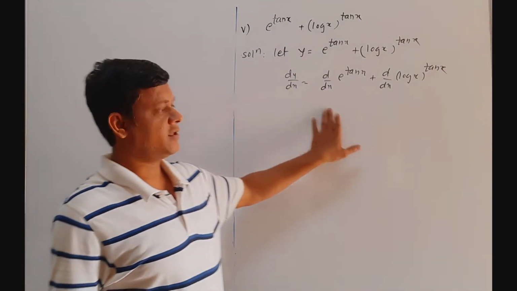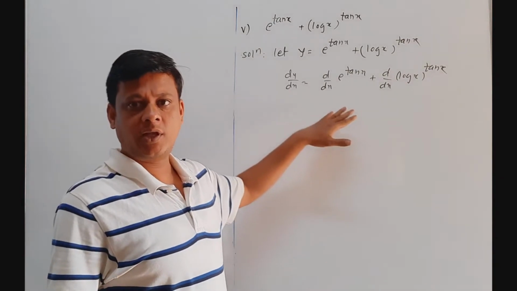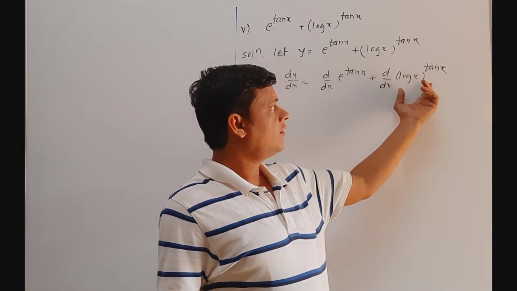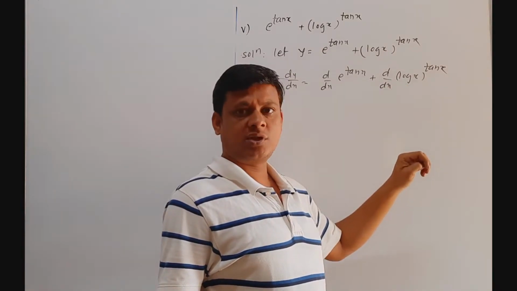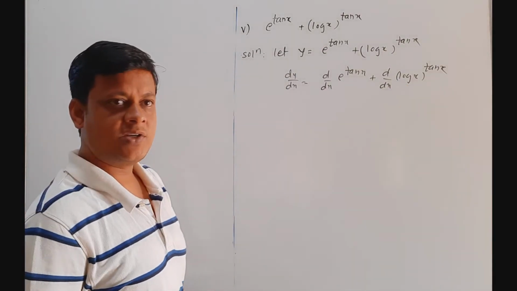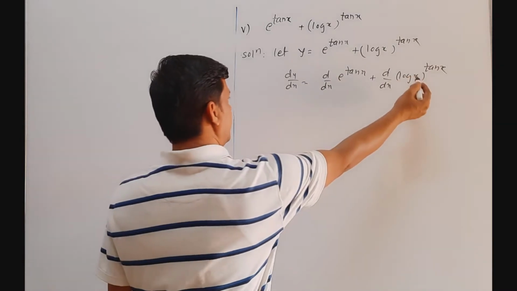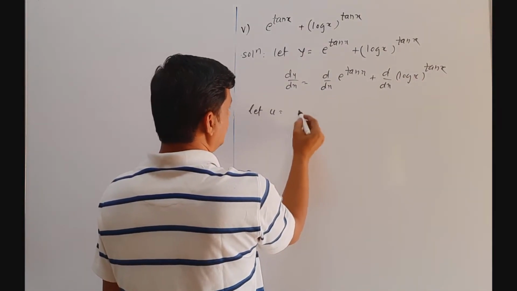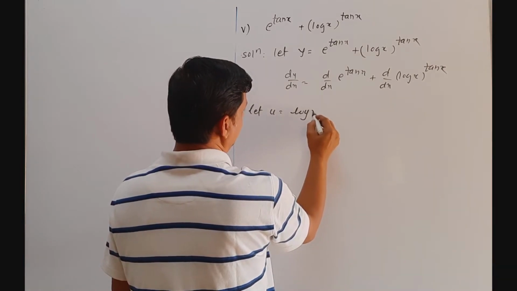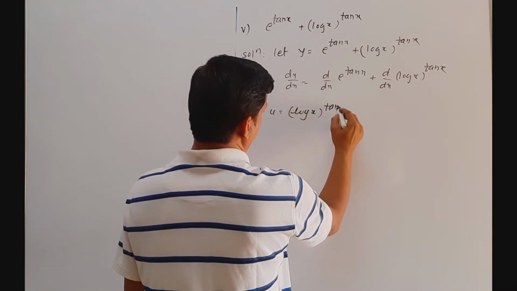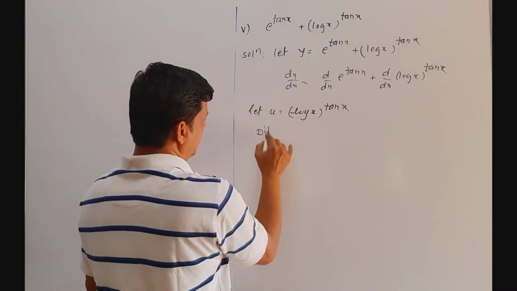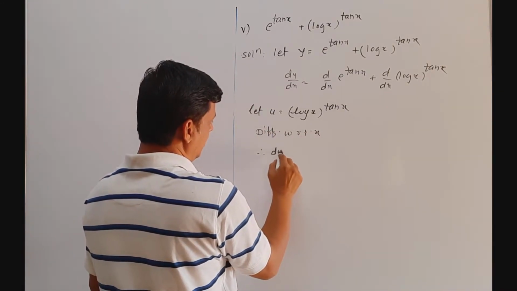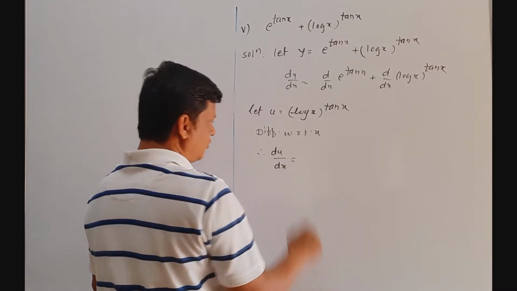The derivative of the first term we can find easily with the help of the composite function rule. For the second we have to take substitution, and taking log we have to differentiate that second term. So let u is equal to (log x) raised to the power 10x. Differentiating with respect to x, du by dx is equal to.